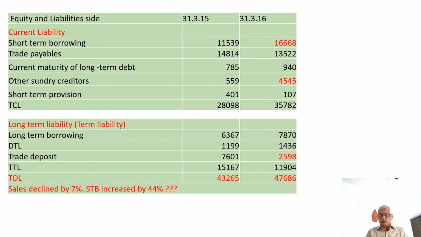Here the important question is, when the sales declined by 7%, the short-term borrowing increased by 44%. This is a point to be noted while assessing the proposal for renewal or enhancement in credit facility.